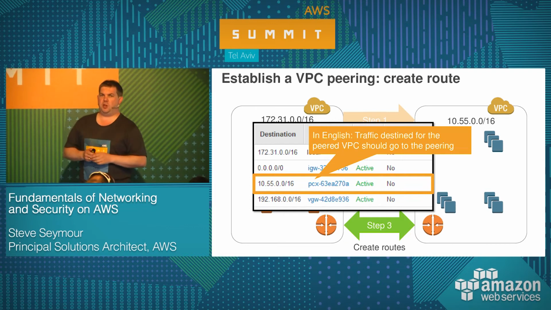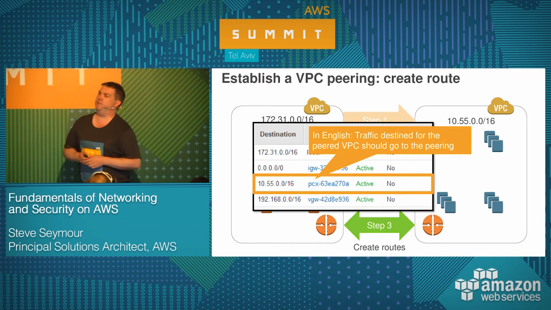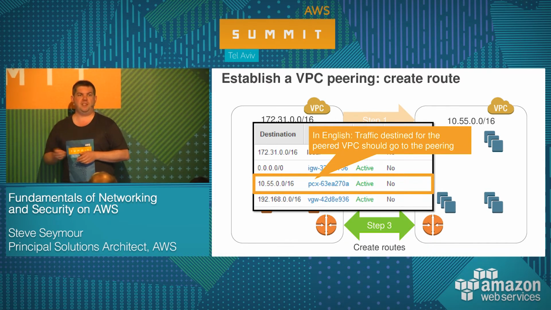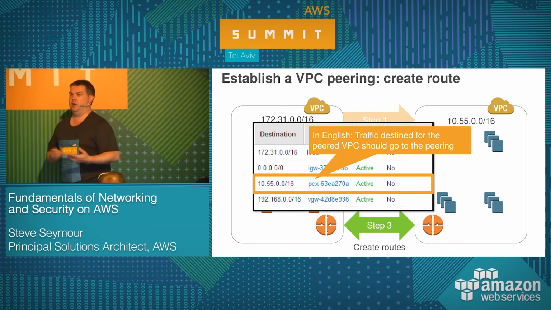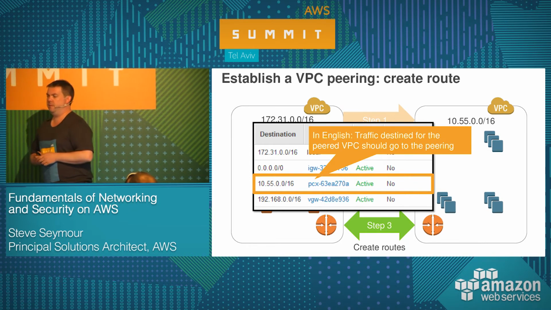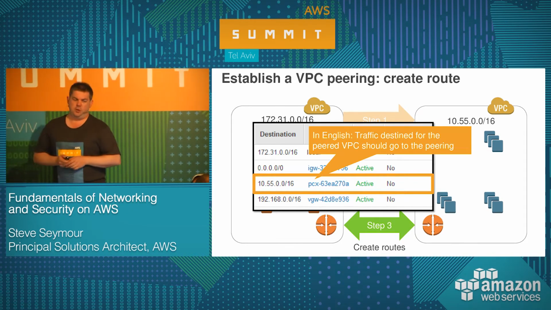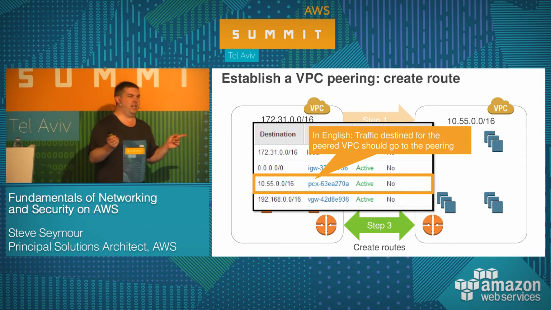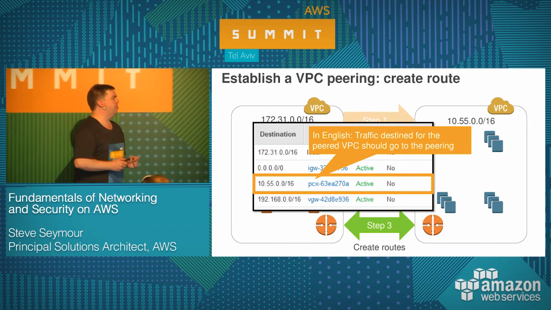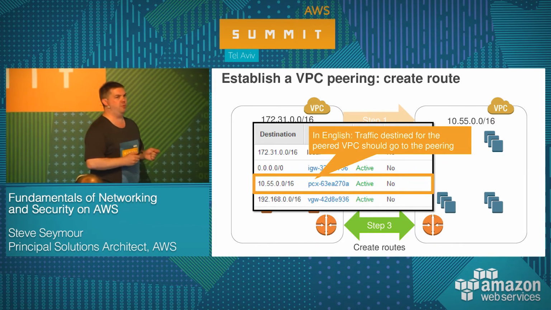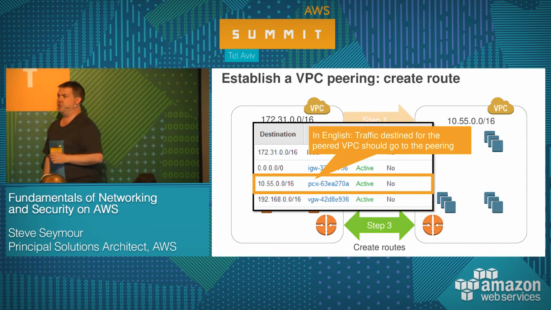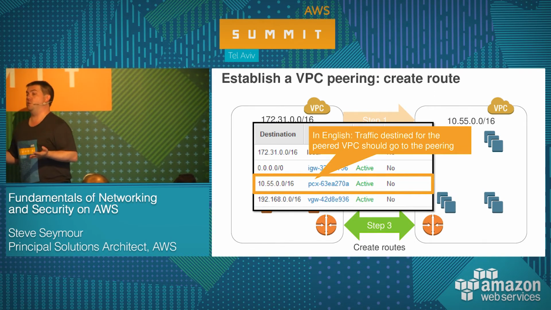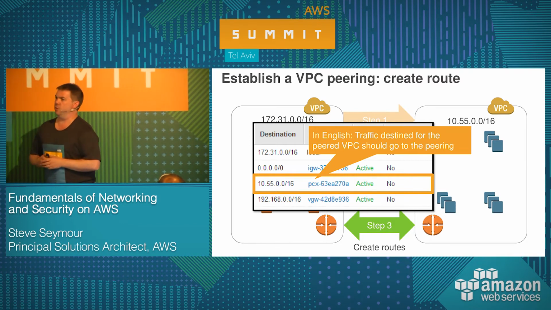And we now have this third route, which says to get to 10.55, which is the blue VPC, I'm going to use my PCX, my peering connection, between those two VPCs. And when you do that, you need to configure that on both sides of the connection. So this is the entry in the route table that tells me where traffic should route if it's going to these IP addresses. Configure it on both sides, and our instances can now talk to each other, subject to their security group configuration.